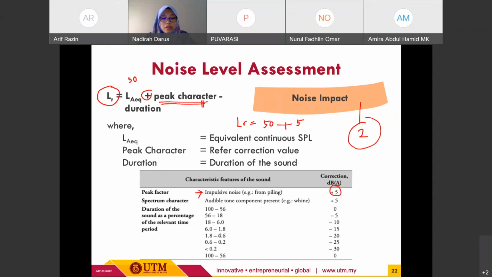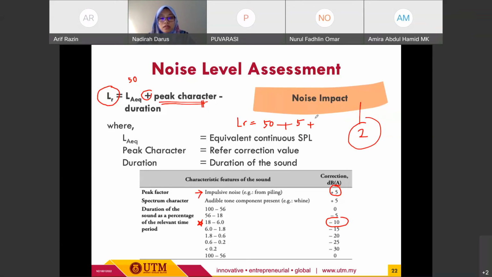Duration ni refer kepada duration of the individual activities lah. Macam kalau kat sini piling, so kita kena tahu dia punya percentage of the individual machineries tu bekerja berapa lama. For example, dia punya duration is on berapa persen kita ambil kat sini. Palingnya 18.6 ni kan. So, kita kena ada reduction. Okay, reduction.